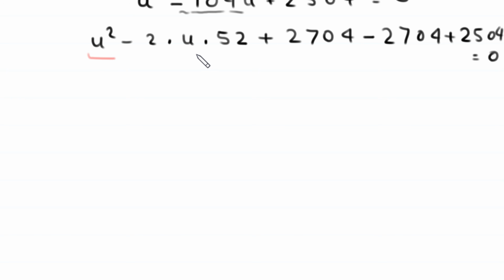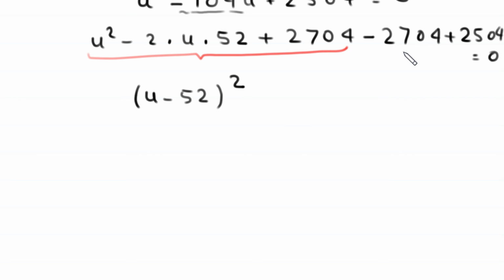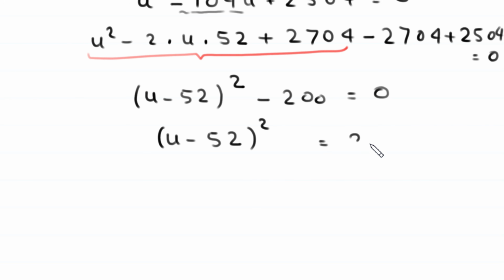This u squared minus 2u times 52 plus 2704 will become u minus 52 whole squared. Negative 2704 plus 2504 will become negative 200 equal to 0. Move this negative 200 to the right hand side. This will become u minus 52 whole squared equal to 200.